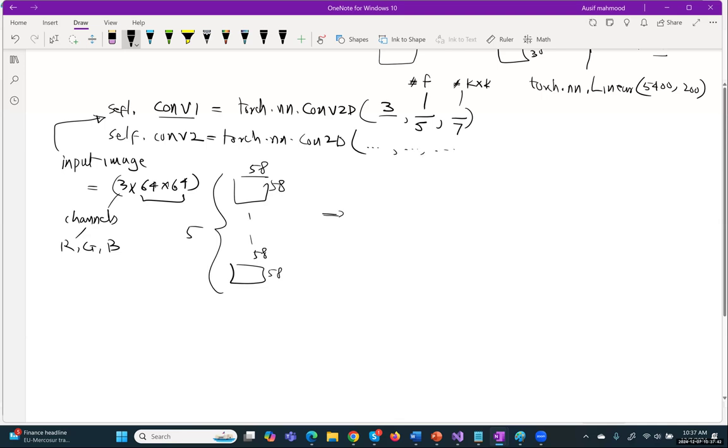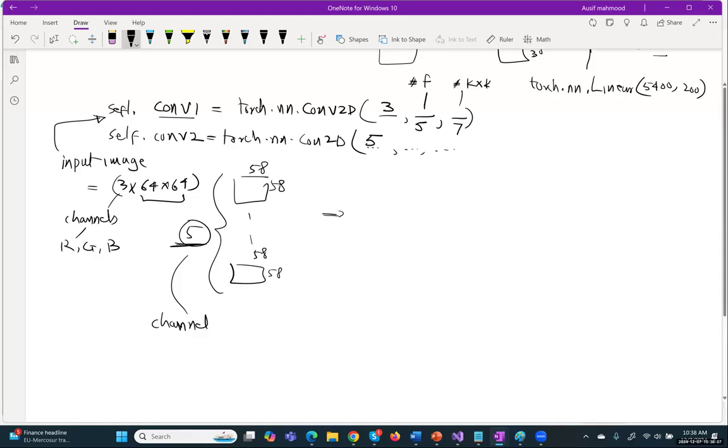See, the previous layer produced 5 outputs, so think of these as the channels now. Just like in the very beginning, the color RGB acts as 3 channels. When this goes to the next layer, this is the number of channels. So the first number has to be 5. It cannot be anything else.